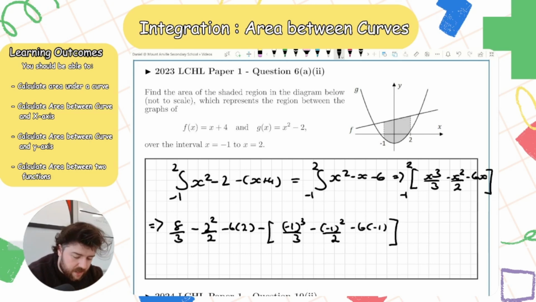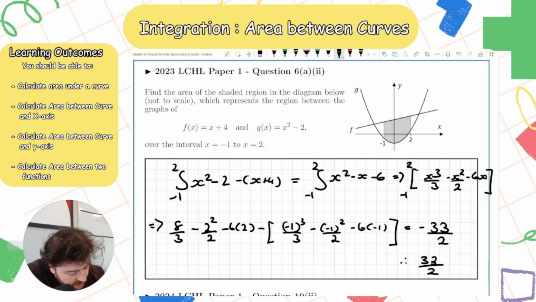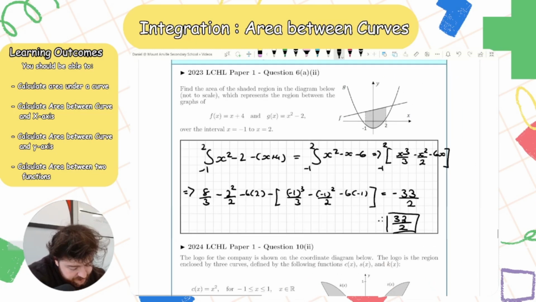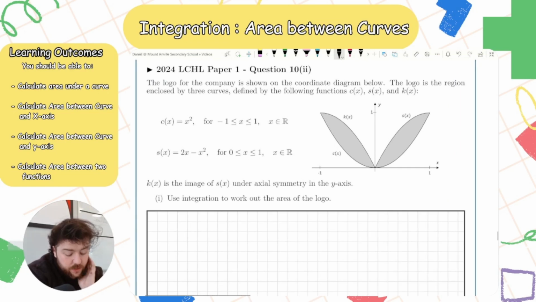And that is going to be, ding, ding, ding. The answer here is going to be minus 33 over 2. But as I said, we can't have negative area. So the area is actually going to be 33 over 2 units squared.